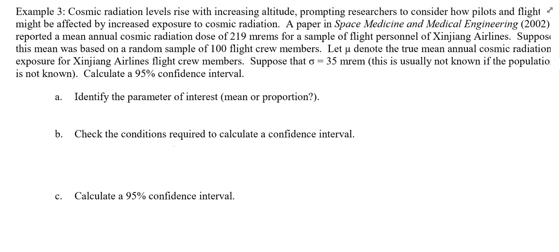Suppose this mean was based on a random sample of 100 flight crew members, and let mu denote the true mean annual cosmic radiation exposure for this airline's flight crew members. Suppose that the population standard deviation is 35. This is usually not known if the population mean is not known, but that's what we're going to solve for right now. And then we want to calculate a 95% confidence interval.